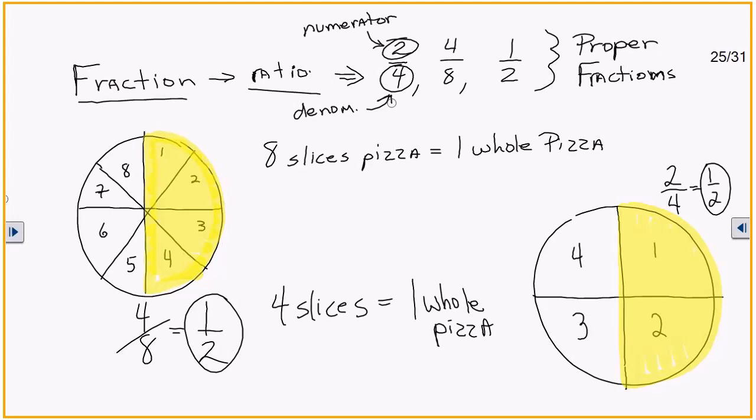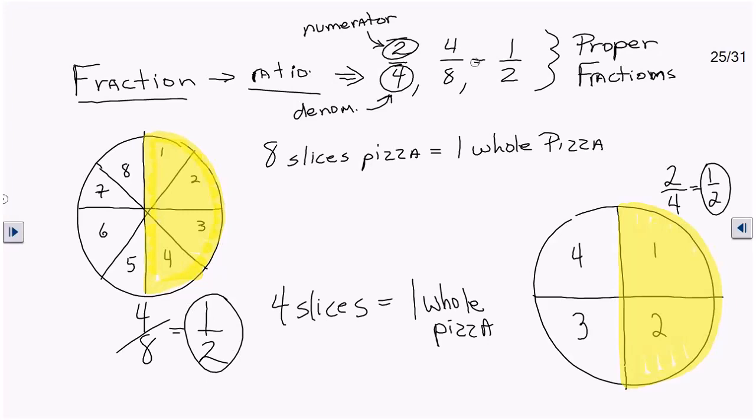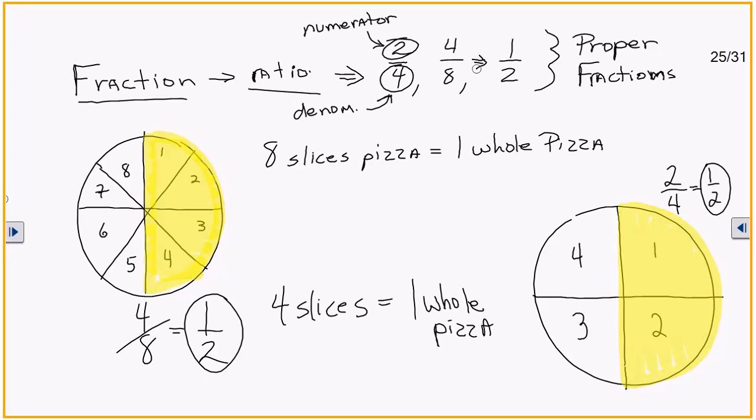Now, if you notice, 2 over 4 and 4 over 8 both equal 1 over 2 because I simplified the fraction. Simplifying the fraction means that you put it in lowest terms. 2 will go into 2 one time, 4 will go into 4 one time, 2 times 2.